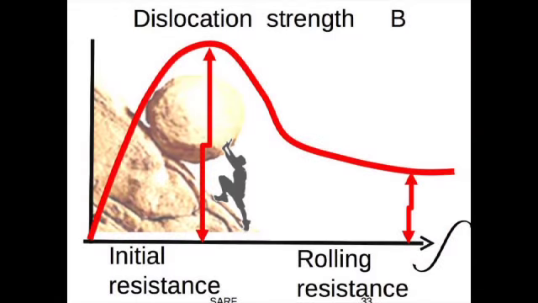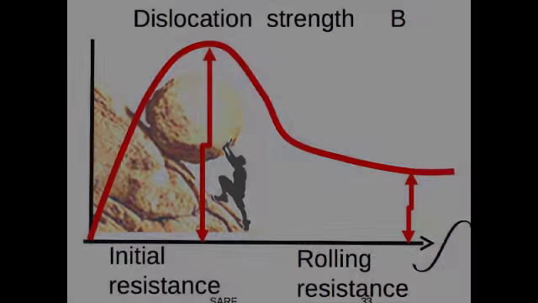And you get a curve there like that, and that is the initial strength of the material, which is the resistance to breakdown, and this one is the rolling resistance. That one is the dislocation resistance, whereas this one over here is the rolling resistance.